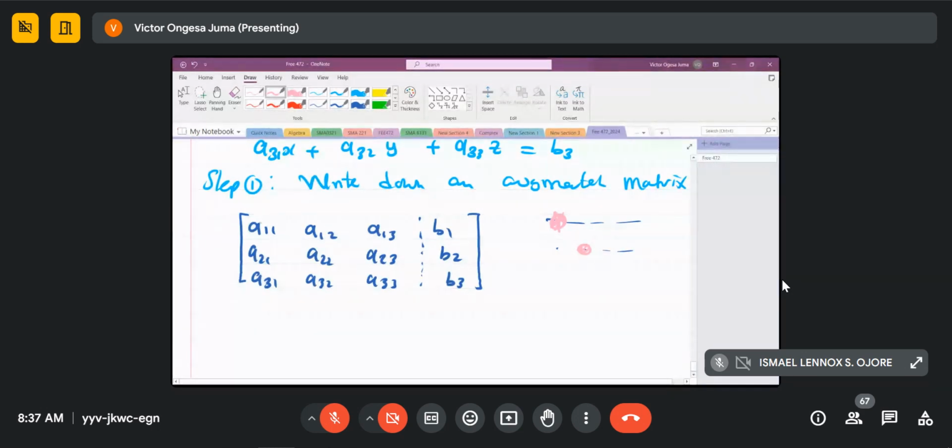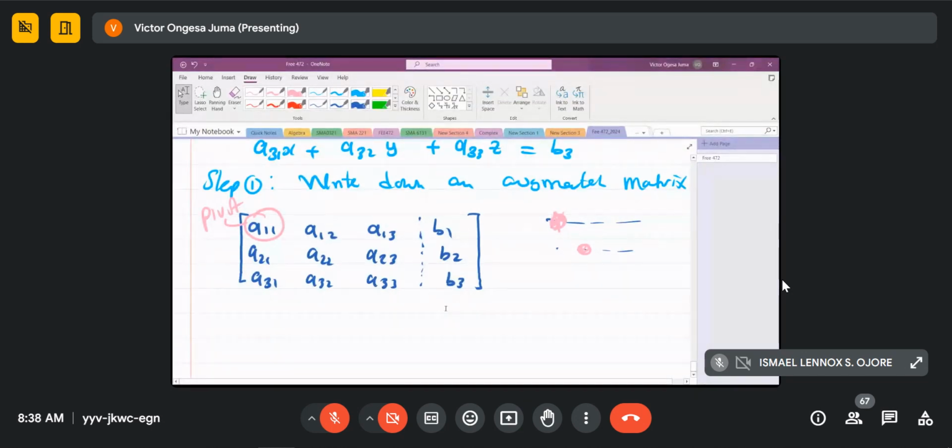Like in this case, this becomes our pivot element. And we use the pivot element to identify what we call the multipliers. The multipliers are what we use to reduce the rows below them to zero.